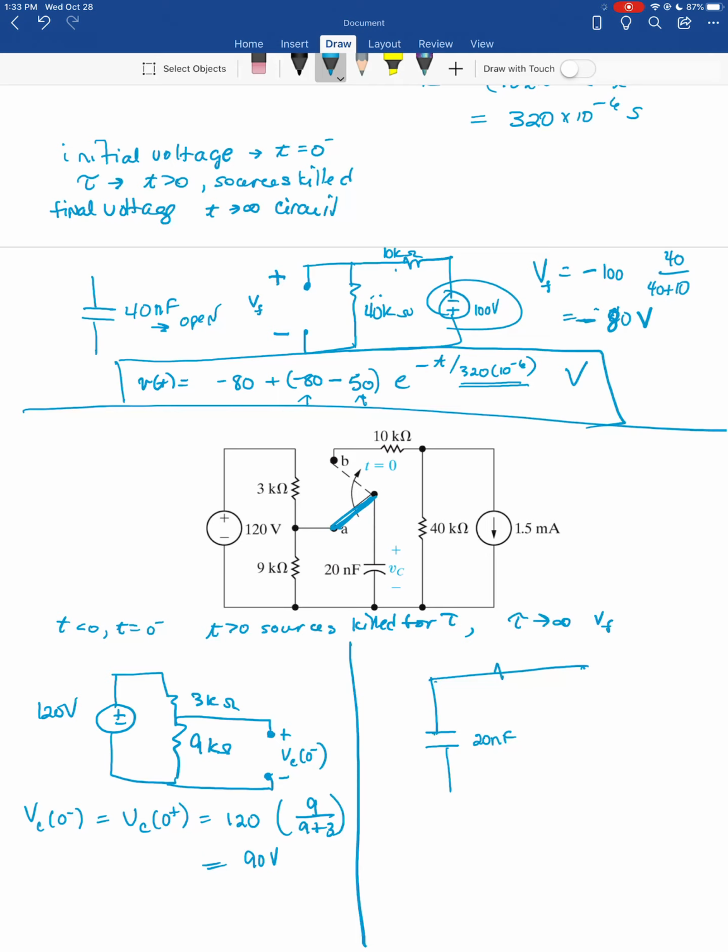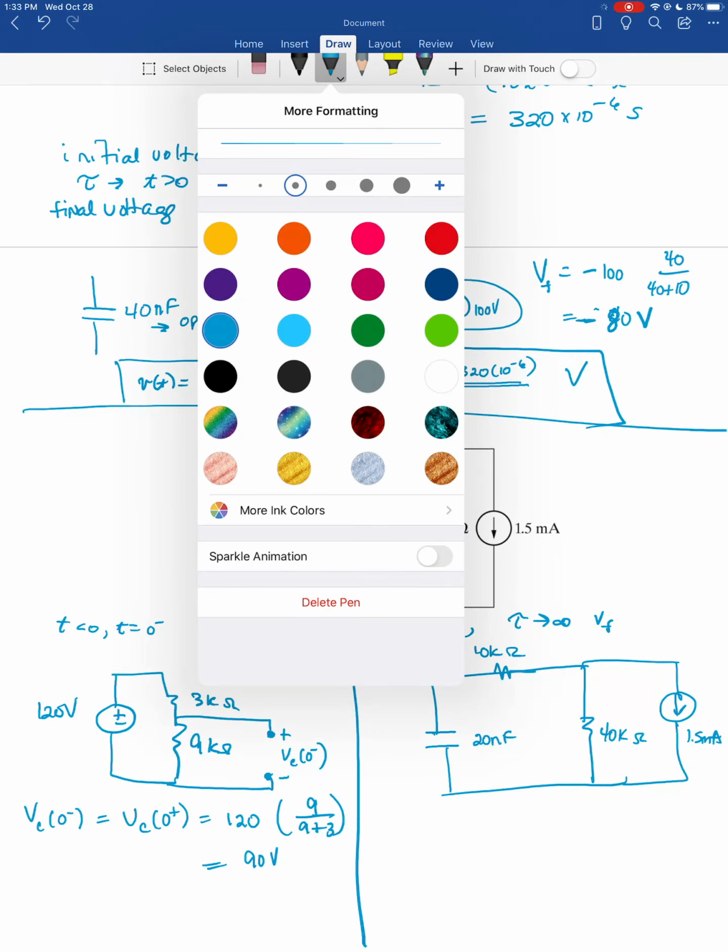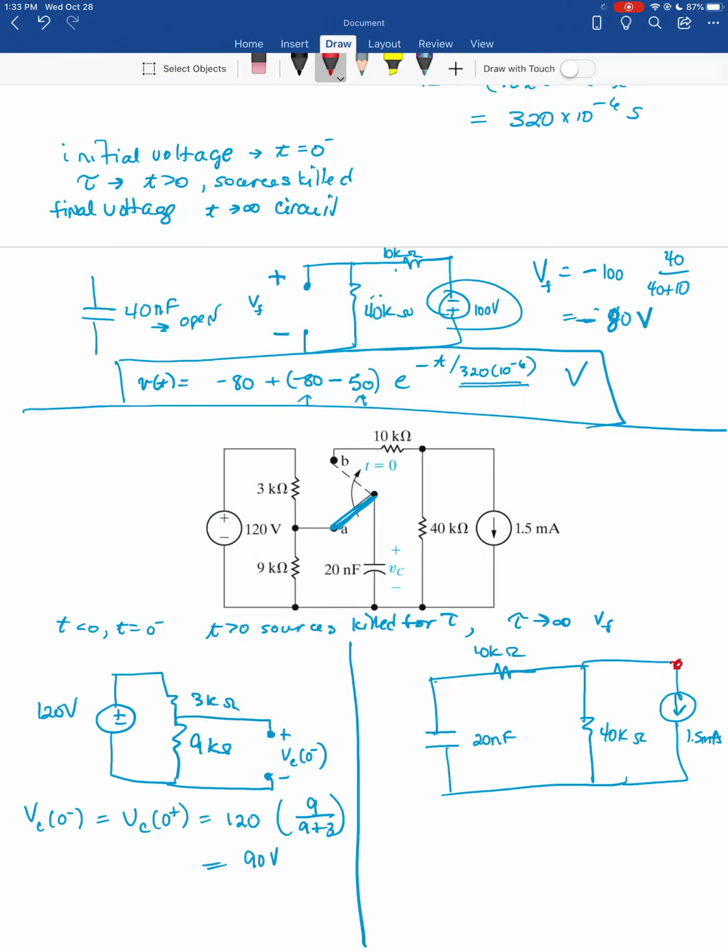So we'll have a 20 nanofarad capacitor. The 10 kilo ohm is here. The 40 kilo ohm is here. And there was a current source here. Now remember, for finding the time constant, we have to kill the current source.